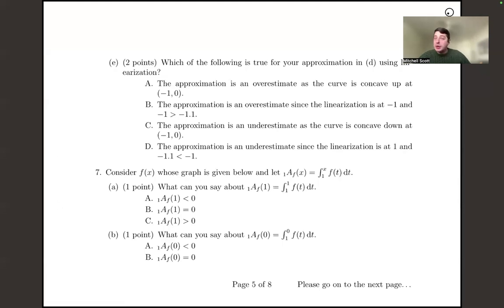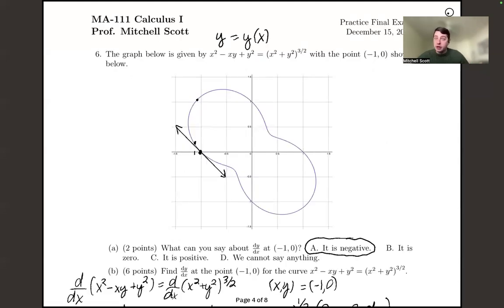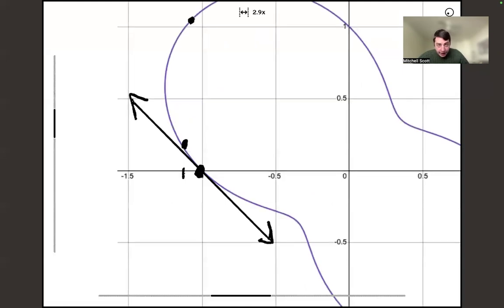So now that we have an approximation, again, we need to figure out if our approximation is too high or too low. If we use our intuition looking at the graph, we could say, if I zoom in really close, hopefully this works, my line is here, but the point on the curve is up here.